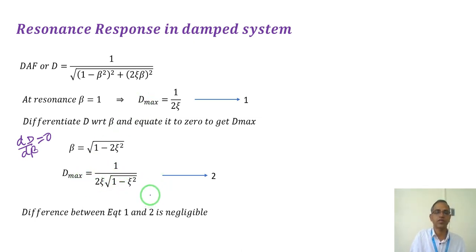Otherwise, the difference can be neglected. That means the maximum amplitude need not always come at beta equal to 1. Slightly off it also happens, at beta equal to the square root of 1 minus 2 xi square. Although resonance takes place at 1, the maximum peak amplitude occurs at beta equal to the square root of 1 minus 2 xi square.